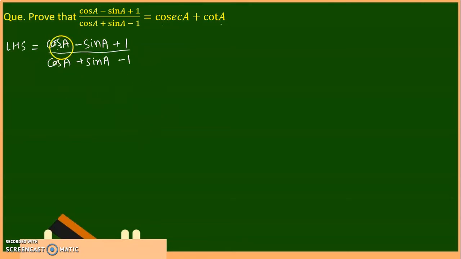So if you divide the numerator and denominator by sin A, then cos divided by sin becomes cot, sin A will be cancelled out, and 1 upon sin will be equal to cosec. So the first step is to divide the numerator and denominator by sin A.